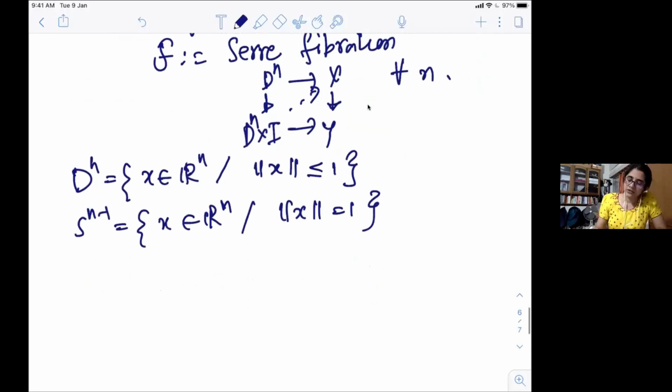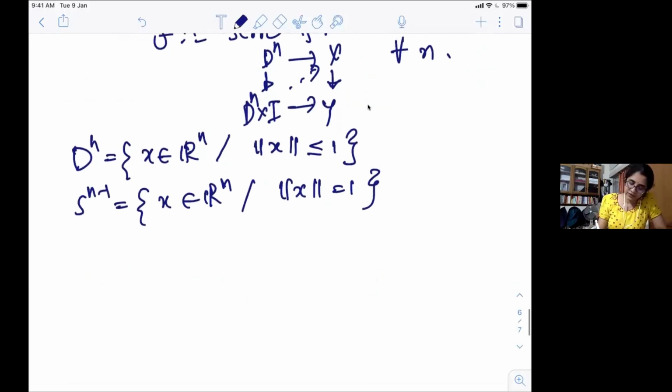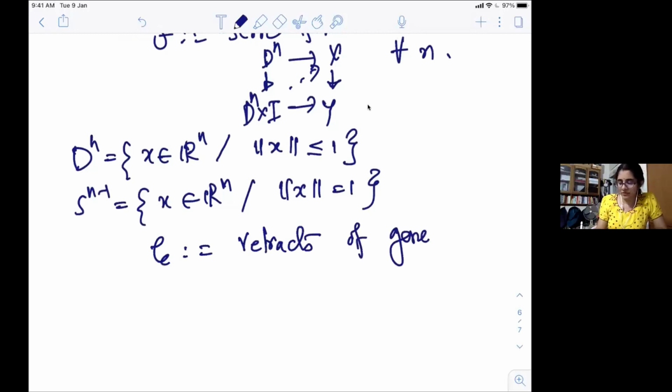In this case, it turns out the cofibrations are all possible retracts of generalized CW complexes. If you remember, CW complexes are the objects that we like working with.